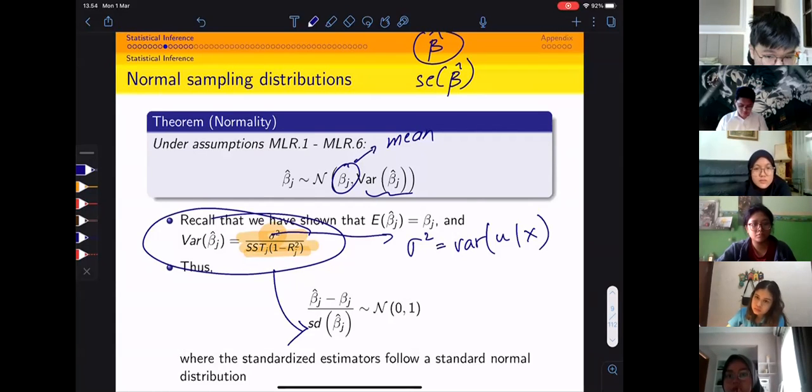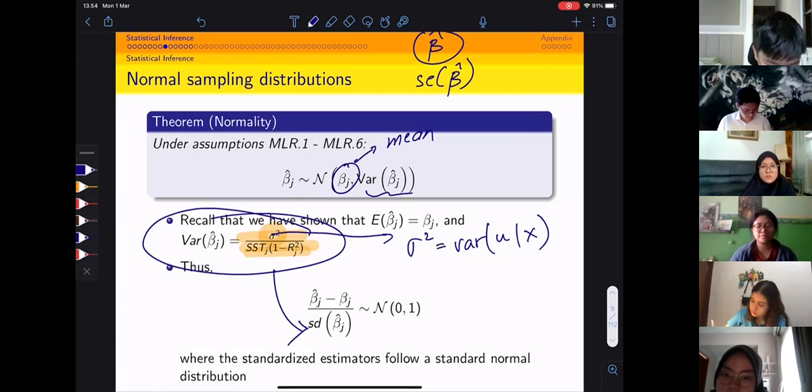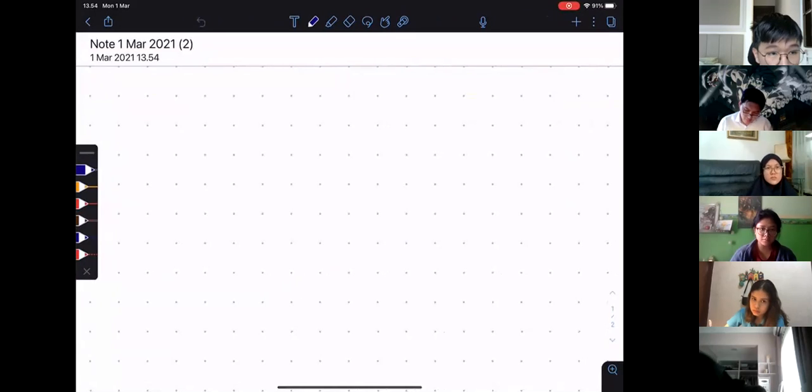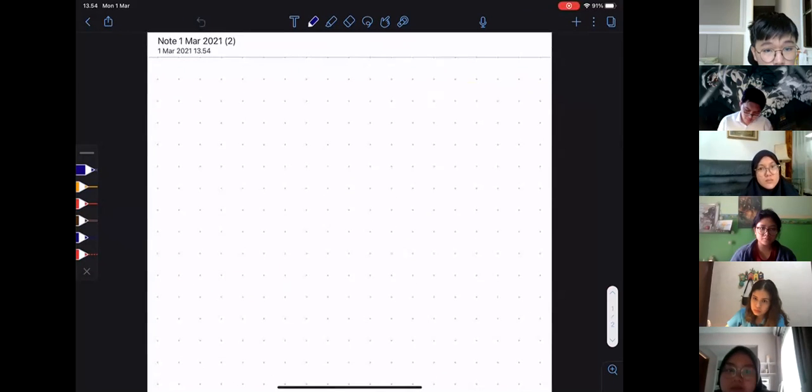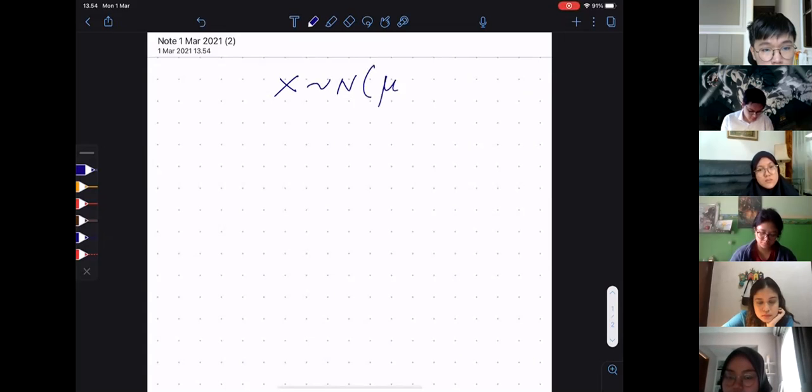Now, before I go there, a lot of times we also do standardization. So let me go out and use a separate note. Suppose that you have a random variable, and the random variable follows a normal distribution with mean mu and variance sigma square.